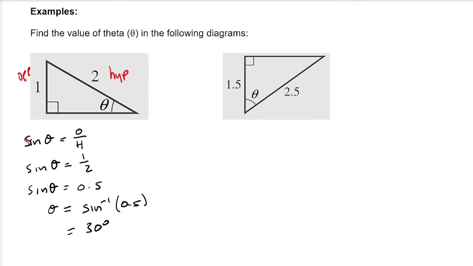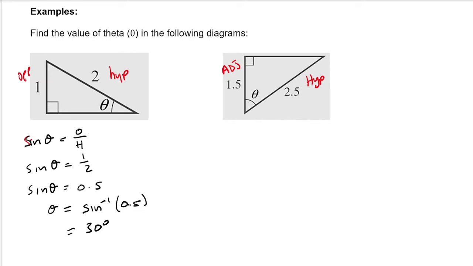Okay, let's move on to the next one. Here we've got a hypotenuse again, but this time we've got the adjacent side. Might need to spell that a little bit better. There we go. Get my spelling correct. So here we go.